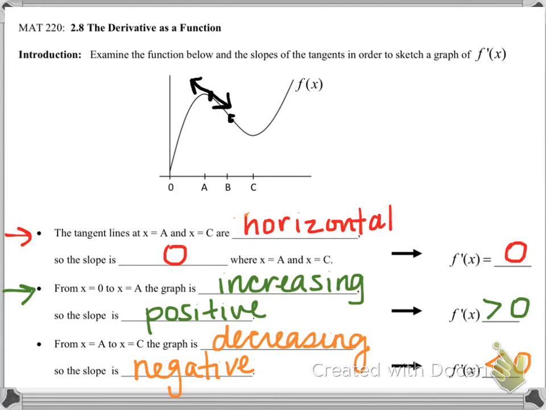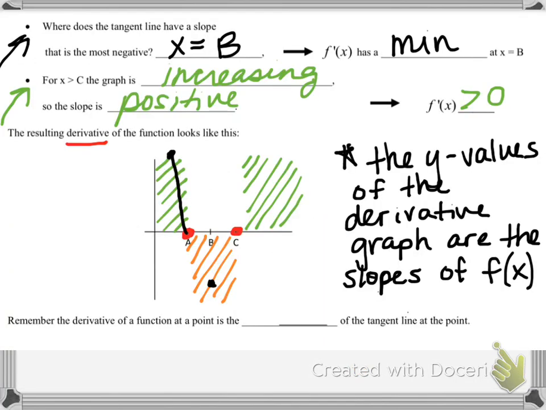And we agreed that it would be the most negative here at x equals b. So my slopes are going to turn negative and become really negative at x equals b, and then go back towards 0 at x equals c. So back to your derivative graph, your y values are going to get really negative, hit that minimum, and then go back to 0.